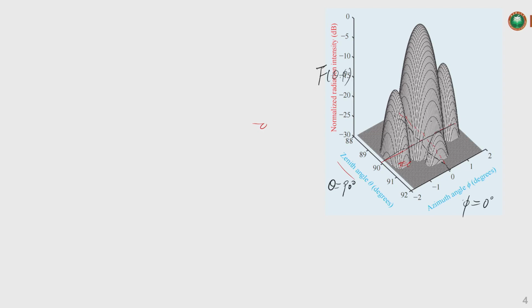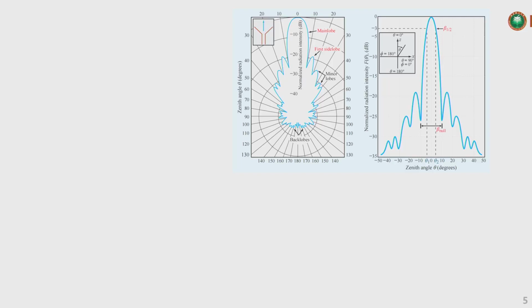So this surface, this plane, the distribution on this plane. So we can get the expressions, for example, if we express it in the polar diagram, it can be expressed like this one.